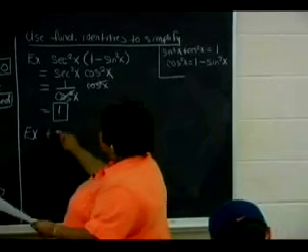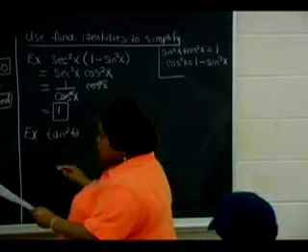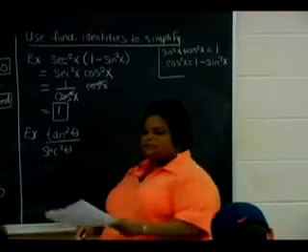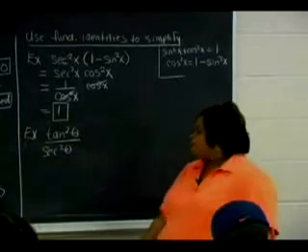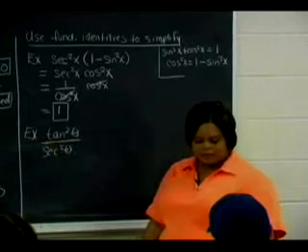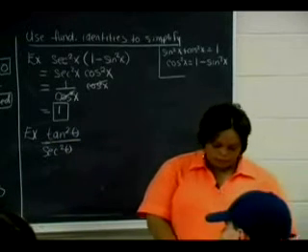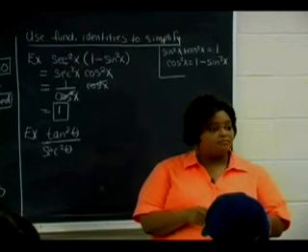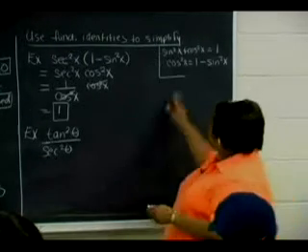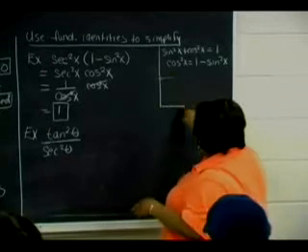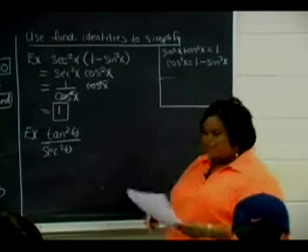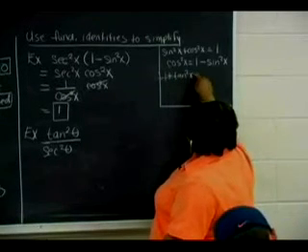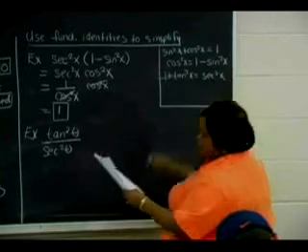Example of something that's kind of simple: tangent squared theta divided by secant squared theta. Okay? Now, I can change tangent squares to secant squares, because I have another fundamental identity, one of the Pythagorean identities, that says what about tangent and secant? 1 plus tangent squared x equals secant squared x, right?